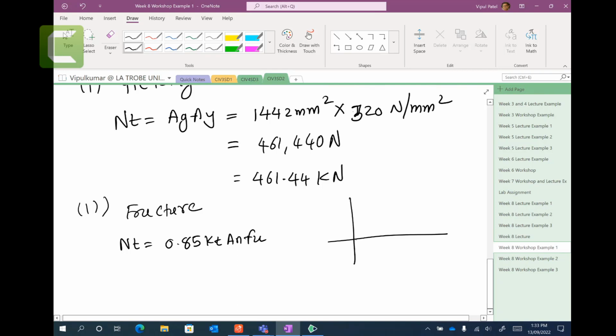Let's say this is fracture, this is FU, this is FY, and this is no hole. When you have some holes, you will get this FU. Say you have too many holes, you will get this FU. We don't know which FU we're going to take. By the way, FU is 440 megapascals.